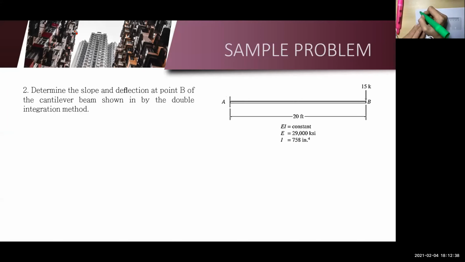Tapos distance is 20. Tapos E is equal to 29,000 kips per square inch. And then I, or your modulus of elasticity, is equal to 758 inch raised to the 4th. Okay, yun. So, let's solve.